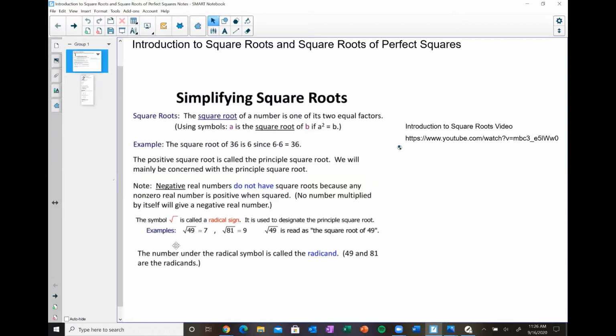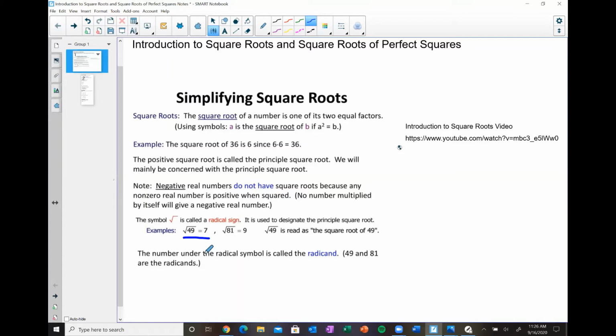You see that the square root of 49 is 7. How is that 7? 7 times 7 equals 49.